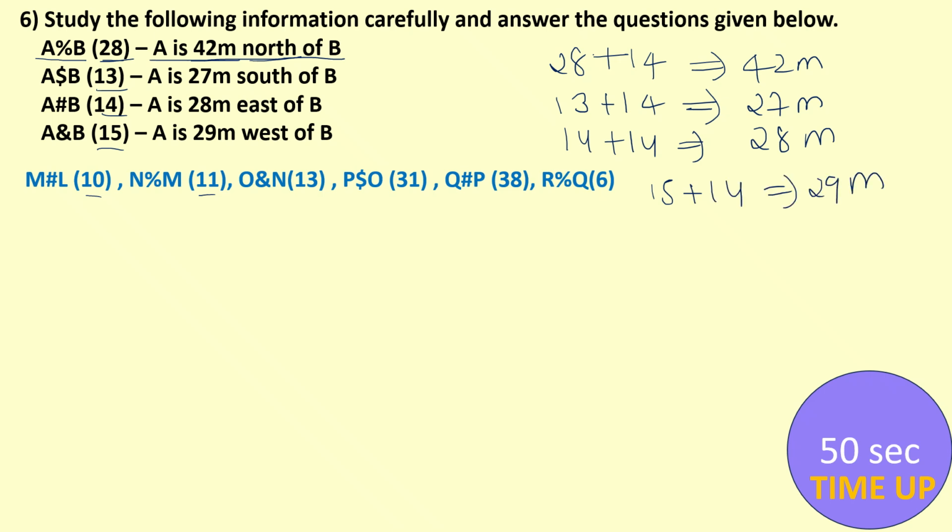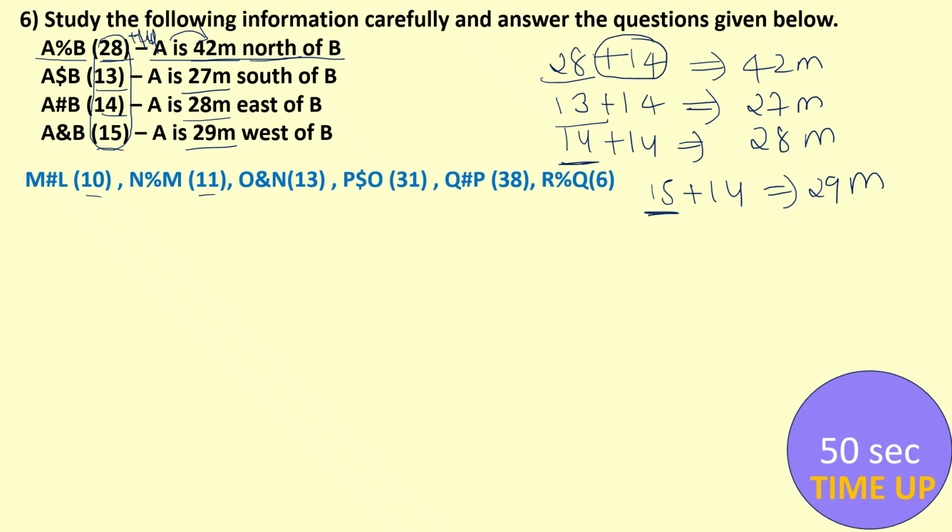So what they have done, to these numbers whatever they have given, 15, 14, 13 and 28, when you add 14, you will get here 42, and here 27, 28 and 29. So they are adding plus 14.